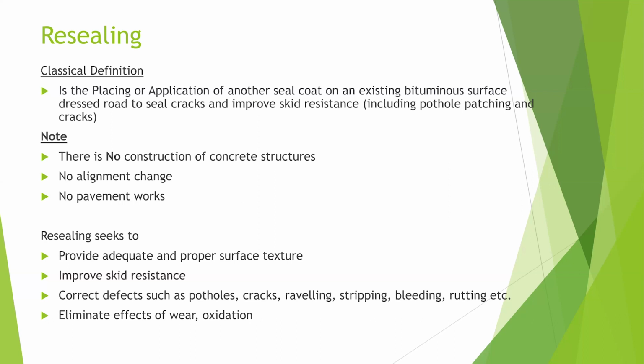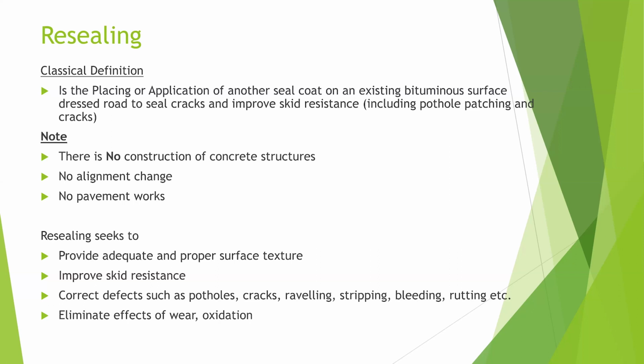By the classical definition, we shouldn't have construction of concrete structures in resealing projects. Also, there shouldn't be any alignment change and no pavement works. So we should take note of these attributes for resealing works.